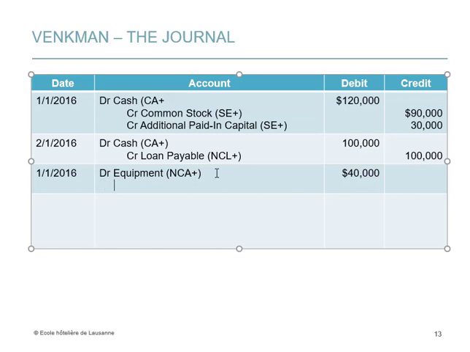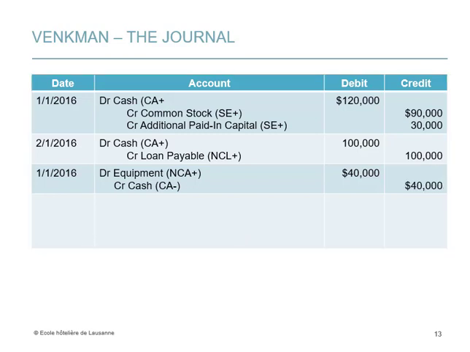So here we bought our equipment for cash. We used our cash. It means that our cash went down, so we credit our cash. Cash is a current asset, minus. We credit our cash because we used this money to buy an equipment.